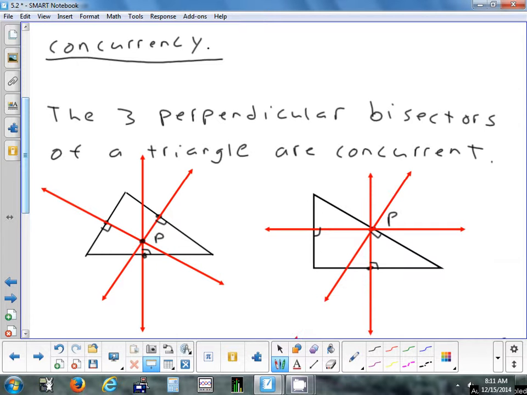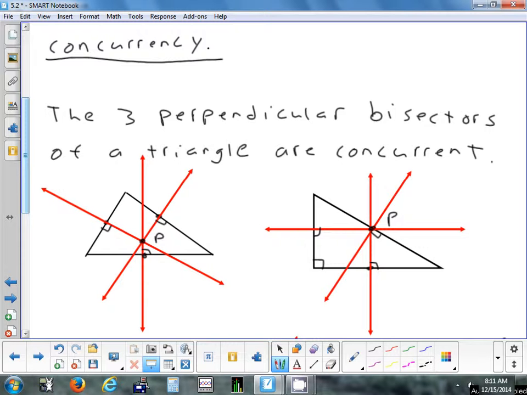Here's a right triangle, with three lines drawn in as best I can, going through the midpoints and all perpendicular to the side that they're going through the midpoint on. Notice the point of concurrency this time ends up being on the hypotenuse, the side opposite the right angle.